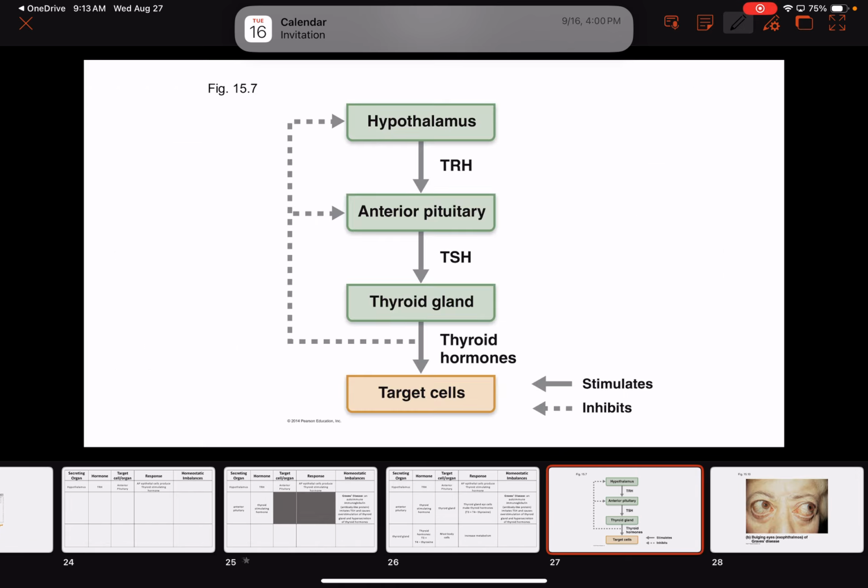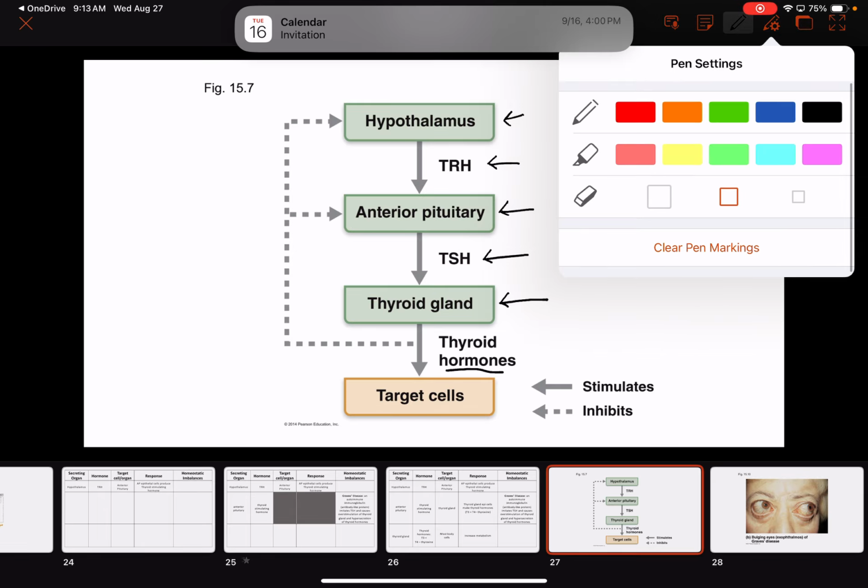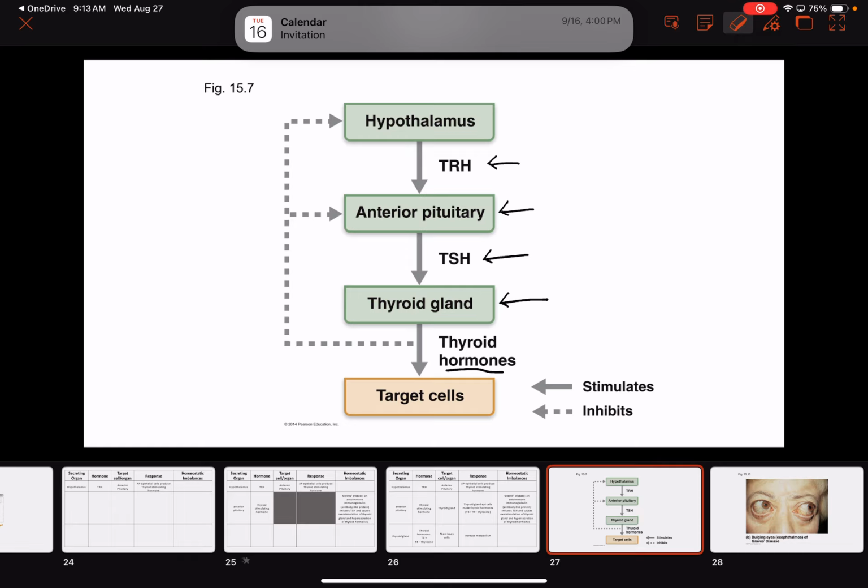All right, so this is a negative feedback loop for thyroid hormone and all the related ones. So again, the hypothalamus releases TRH. That binds to cells of the anterior pituitary to then release TSH. That binds to cells of the thyroid gland to then release thyroid hormone. And so we do have a negative feedback loop here.